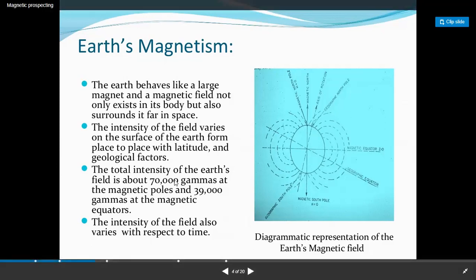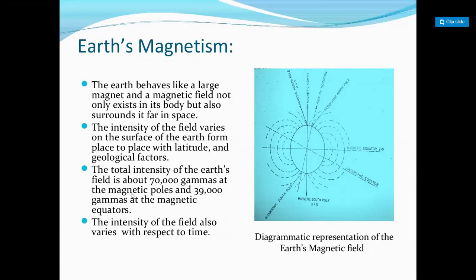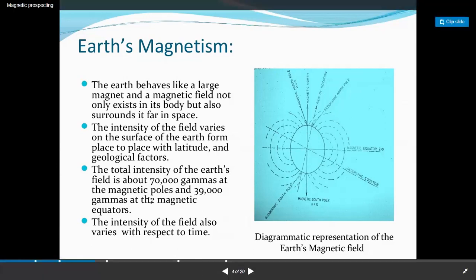The total intensity of the Earth's field is about 70,000 gammas at the magnetic poles and 39,000 gammas at the magnetic equator. So guys, the important thing here is the two values he mentioned: 70,000 gammas and 39,000 gammas.